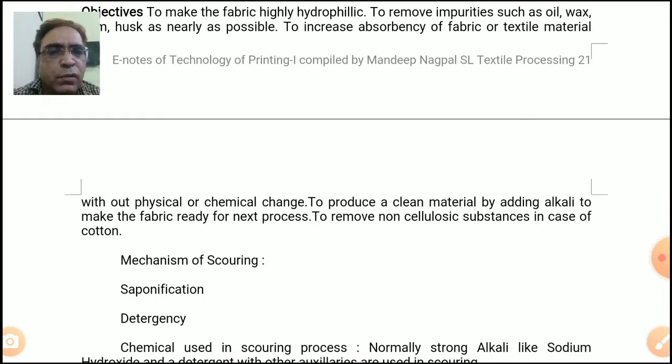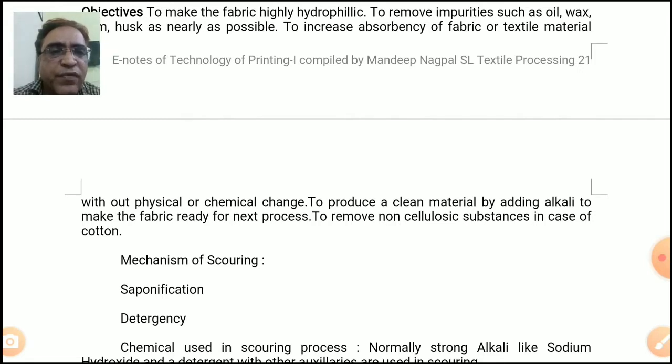So what is the mechanism of scouring, or the principle of scouring? Mechanism of scouring means there can be two types of oils. One which can be removed by the action of some chemical, and others which cannot be removed by chemical action. So two steps are there.